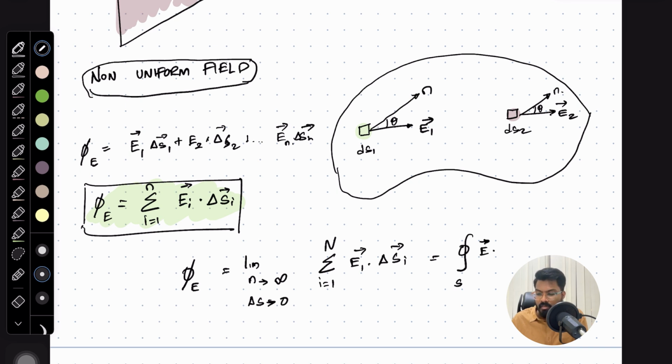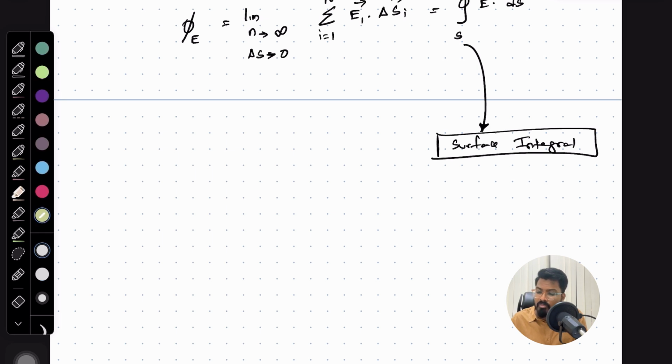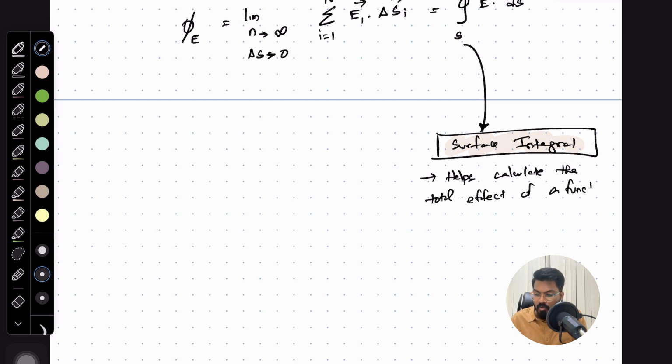The integral, which we mark with a circle, is the surface integral of E vector dot dS vector. If you are not already aware, this is a surface integral. There is a reason for using a surface integral. It helps calculate the total effect of a function over a surface.